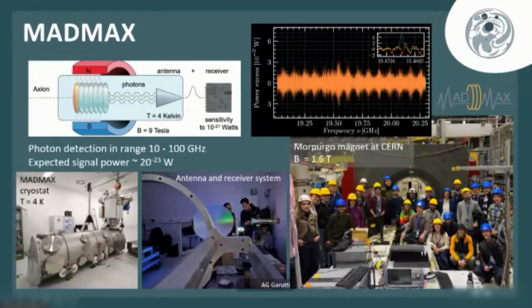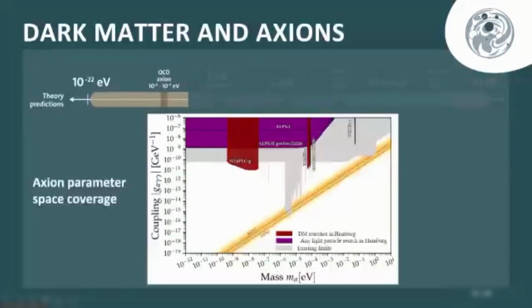This is the sort of signal we expect to receive if an axion converts into photons. So we are after 10 to the minus 23 watt of signal in 20 to 100 gigahertz. I would welcome anybody who gives me a solution for that.